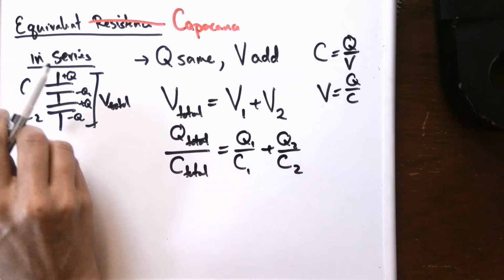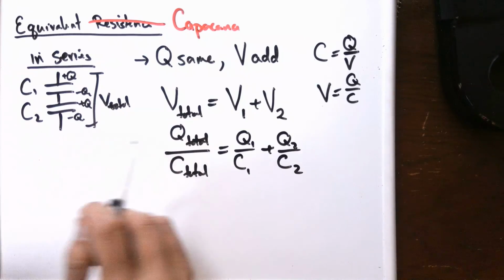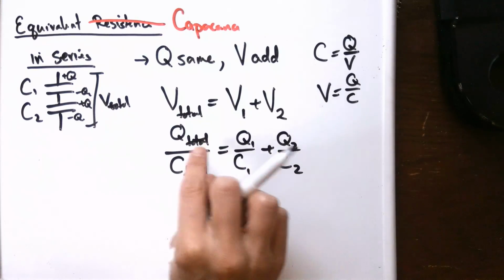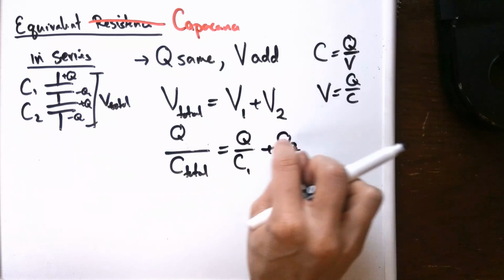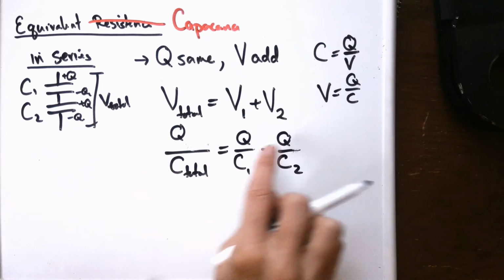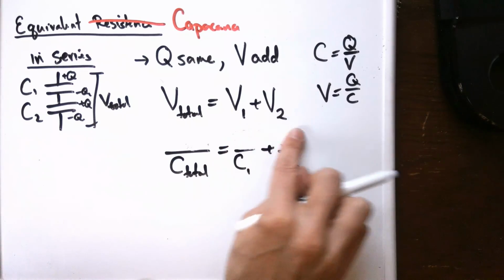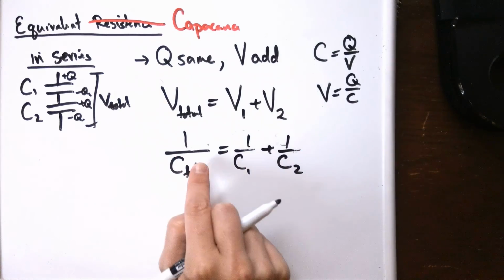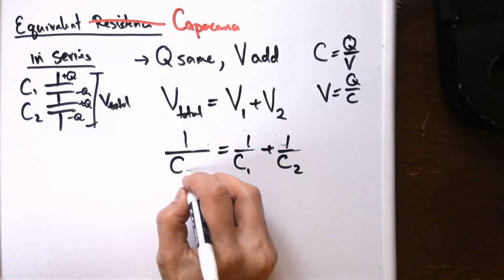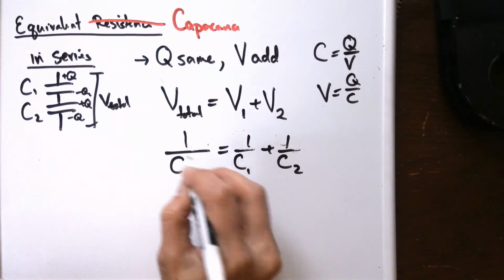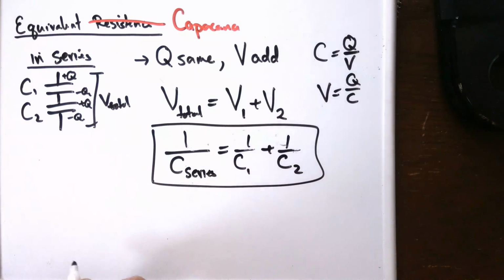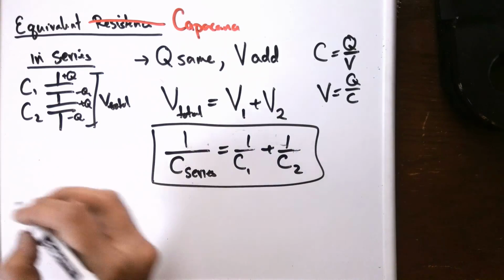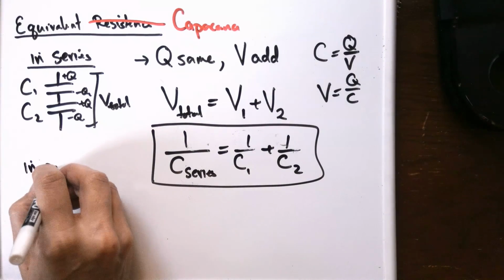So you see the magnitude of Q is the same all the way through. All of these Q's are the same, so we can get rid of the subscripts. There we go, and we got Q, Q, Q, and Q. Divide out by Q. And for capacitors in series, so we'll replace that total with a series, that is how you add the capacitance.